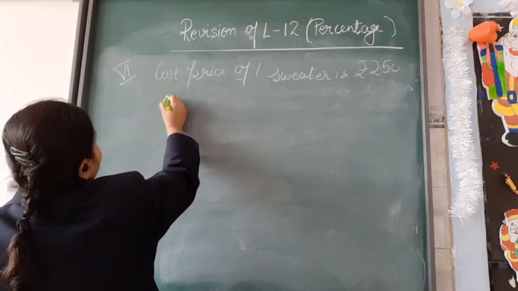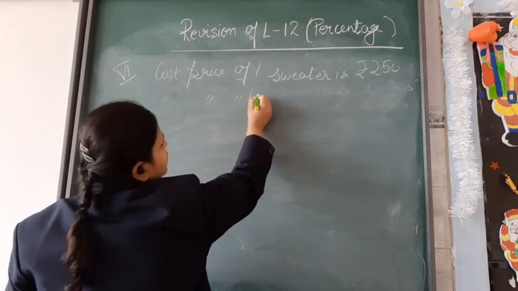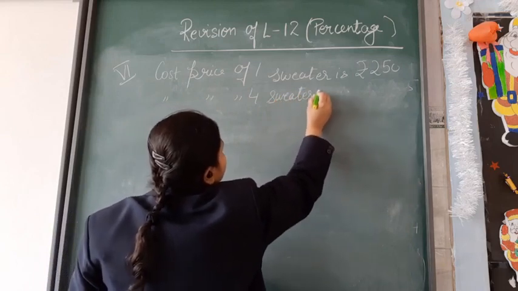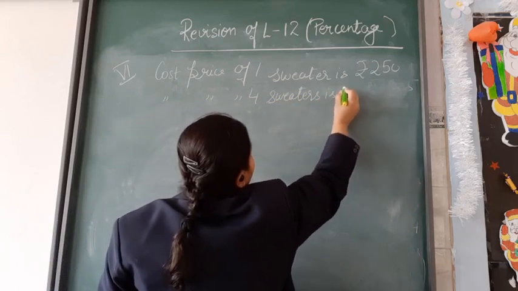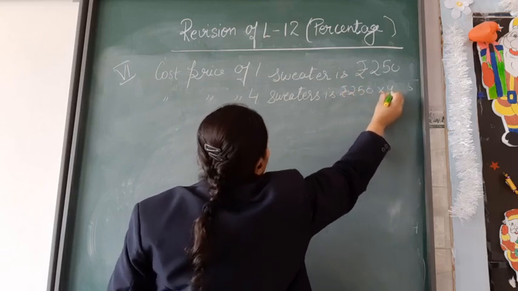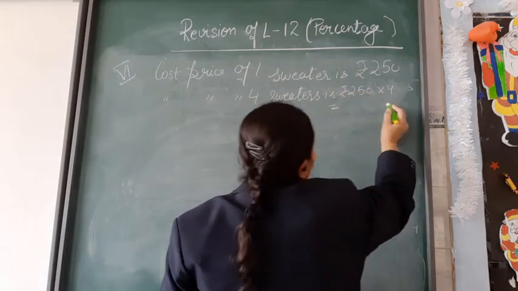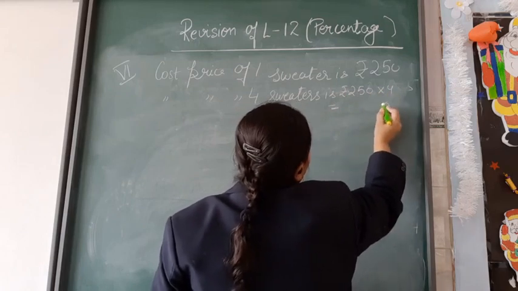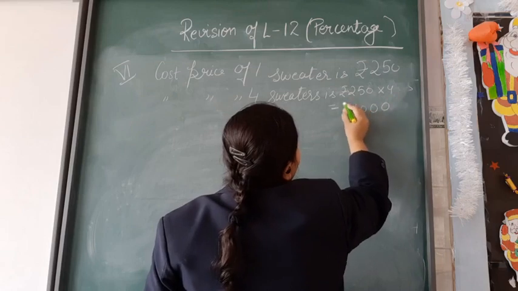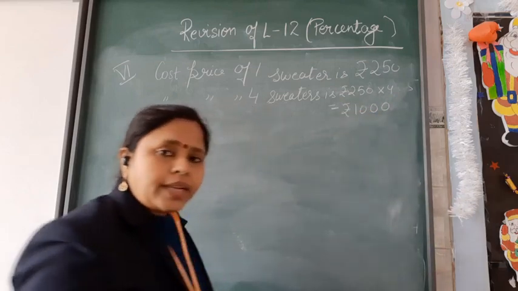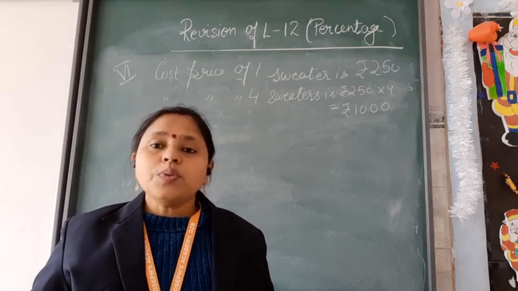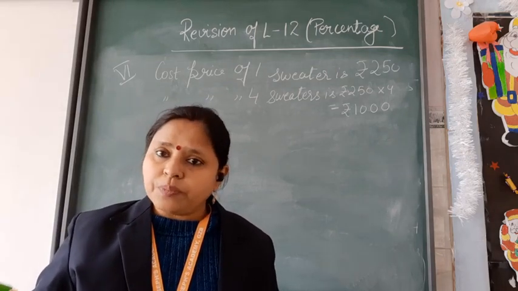So the cost price of 4 sweaters is rupees 250 multiplied by 4. So what is the cost price? It comes equal to rupees 1000, right? So this is the total cost of the 4 sweaters that Amrish bought.